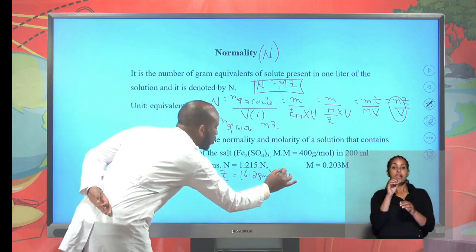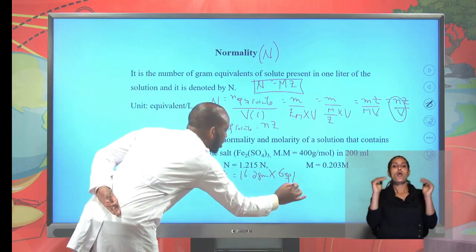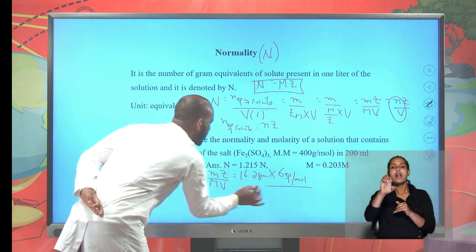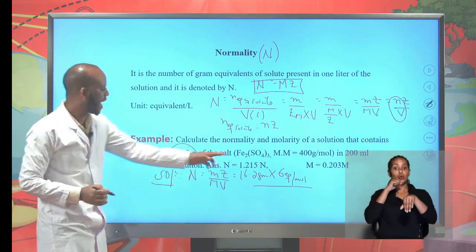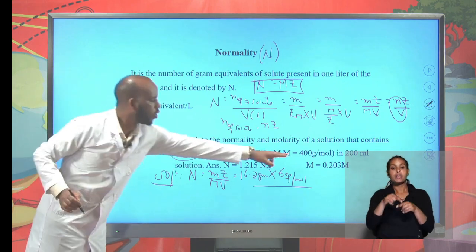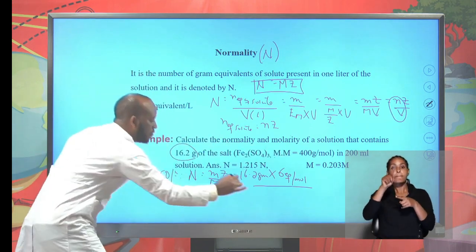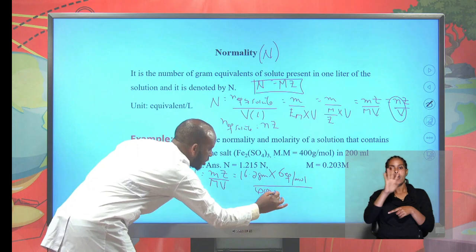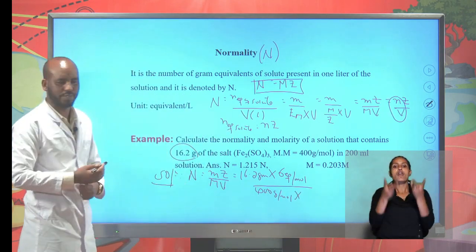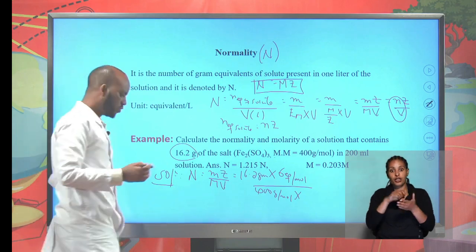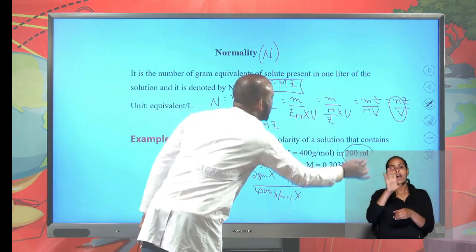Therefore, 6 equivalent per mole, divided by molar mass of iron sulfate, which is 400 gram per mole, times volume of the solution in liters. Volume of the solution is 200 milliliter.